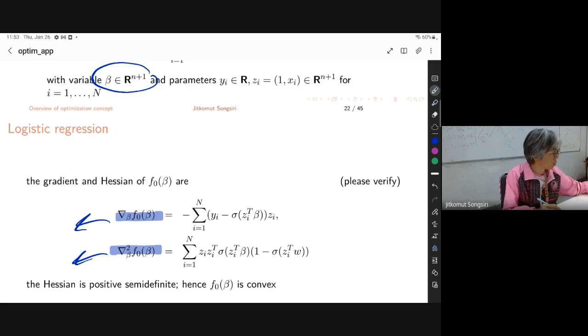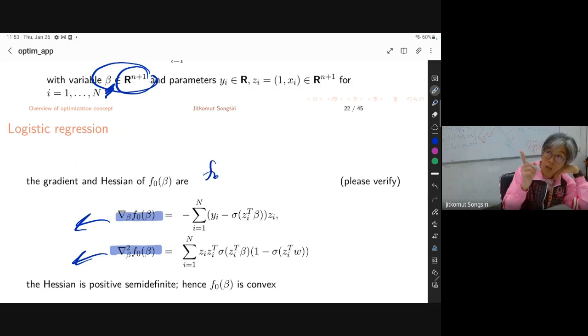My optimization variable is beta, a vector of n plus 1.